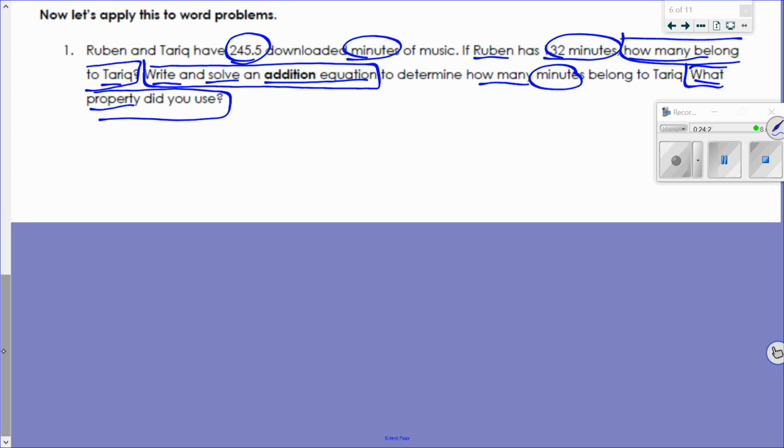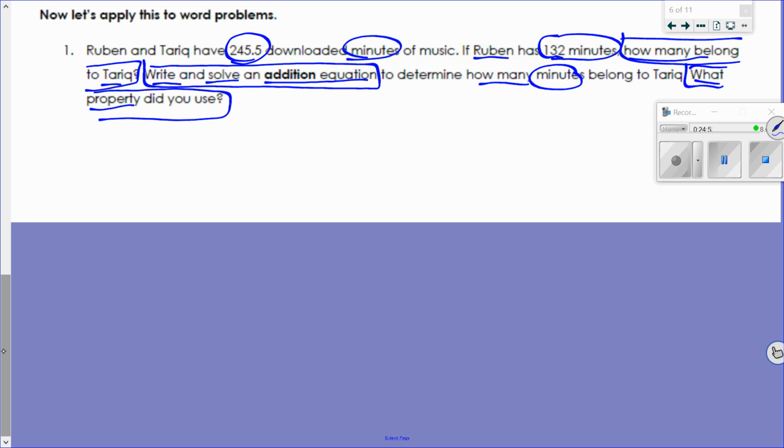Because I know there's a whole bunch of you that are going to say, okay, 245 and 5/10 minus 132, right? No. I bet if I looked at your homework, there are many of you who did that instead of actually following what was written. It's 245.5 equals 132 plus x. Why? It says do an addition equation. Because it says that I have to do an addition equation.